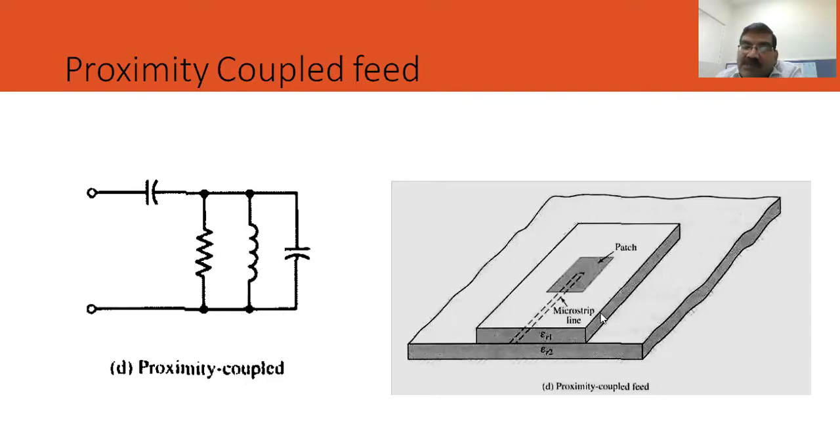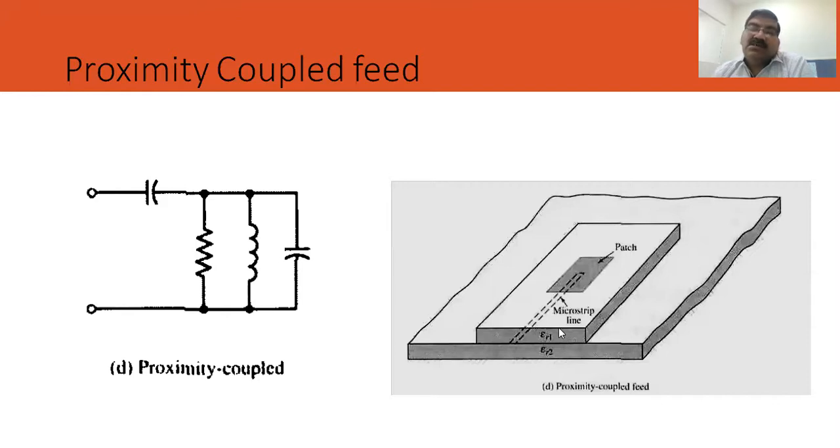This is the upper substrate 1 having the value epsilon R1, and the lower substrate epsilon R2. Using two substrates is somewhat complicated, because you have to calculate the effective epsilon R based on the properties and heights of both.